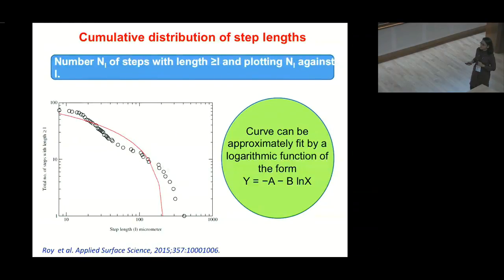The last point here is the largest step, and there is only one such step. And they can be fitted approximately by this form. So this is the experimental part that was done, and it is reported in this paper.